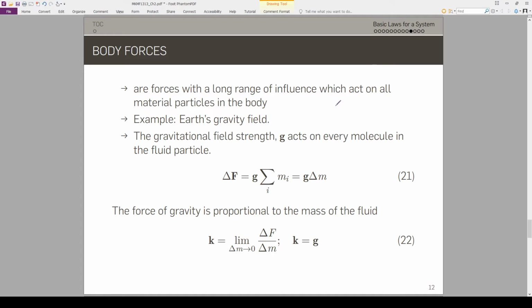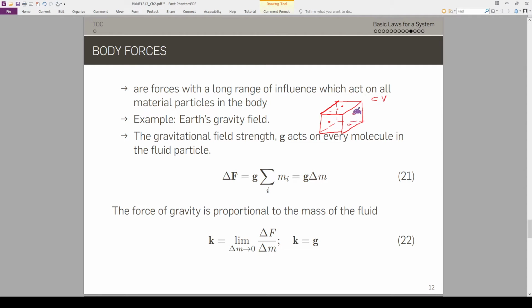So let us consider one fluid domain or control volume. We supply air into this control volume, and we imagine that the air is made up of many particles.